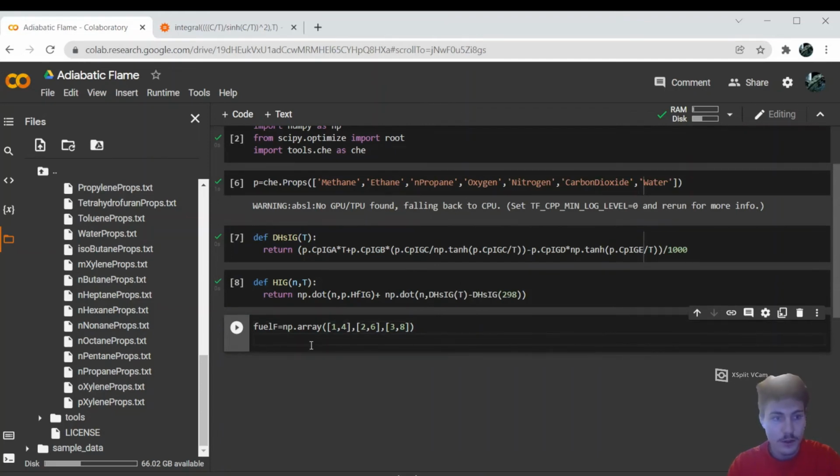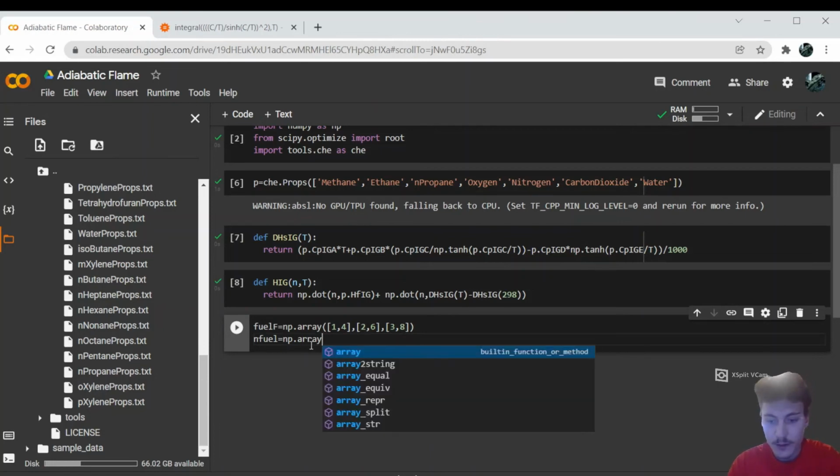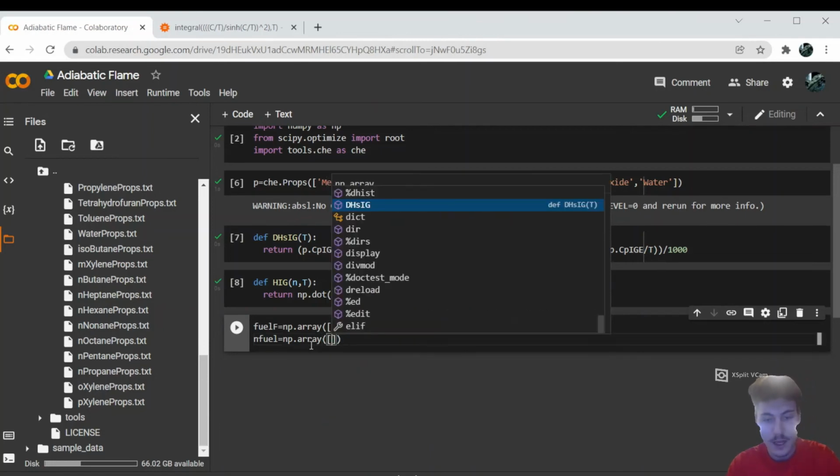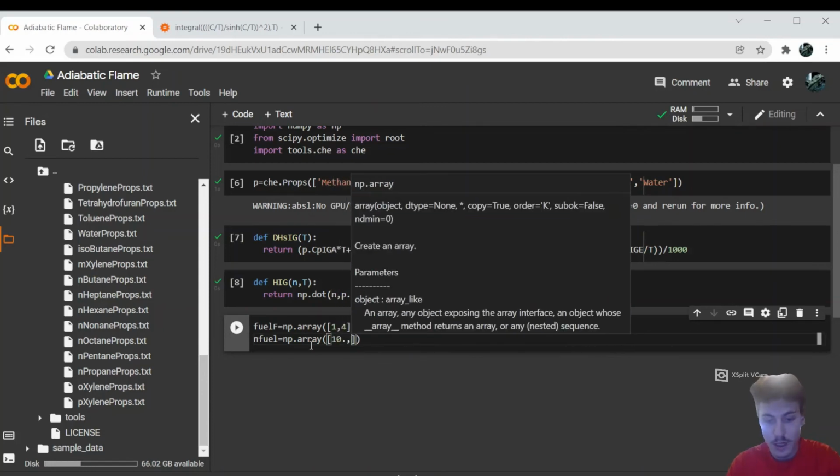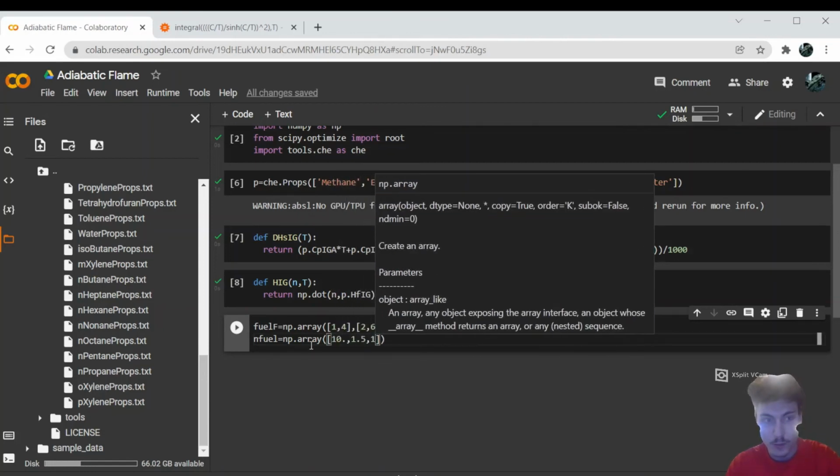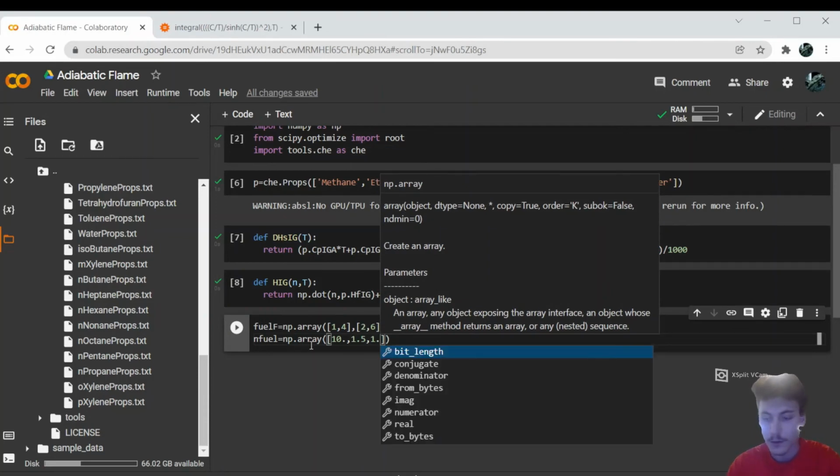And then from there we have, as I mentioned before, a specific ratio of each. It's not just 1 to 1 to 1. So we can say that the number of moles of fuel is equal to P dot array, and then we have a 10 to 1.5 to 1 ratio of all of those.